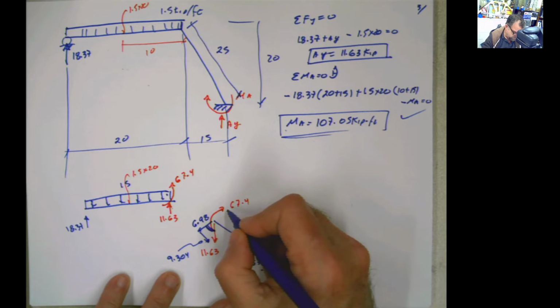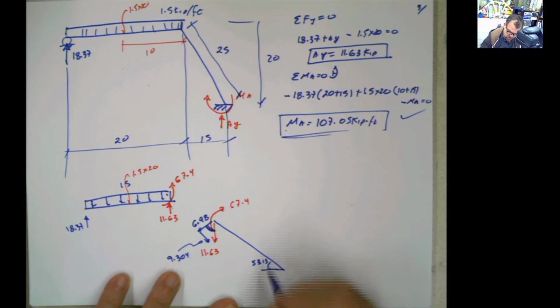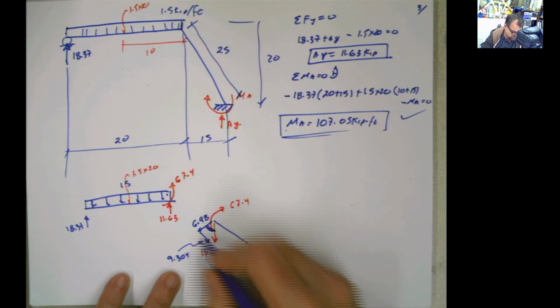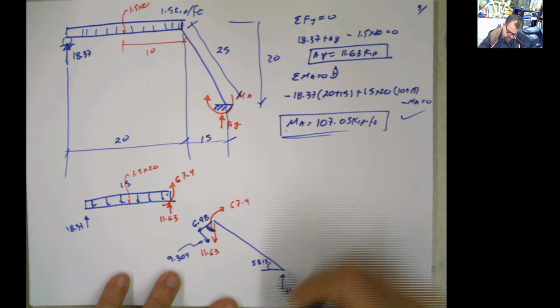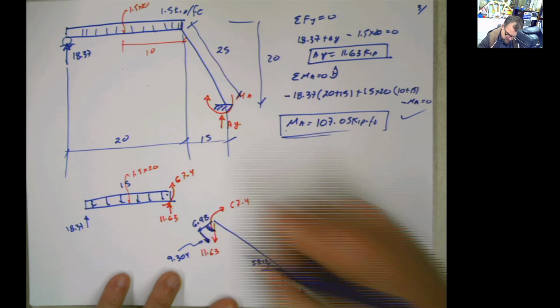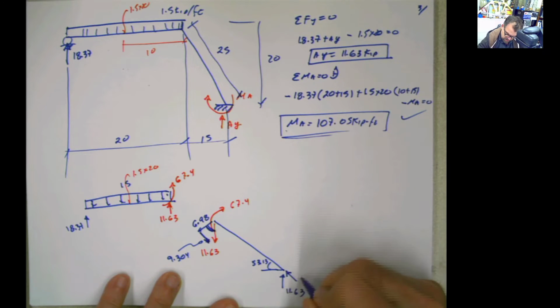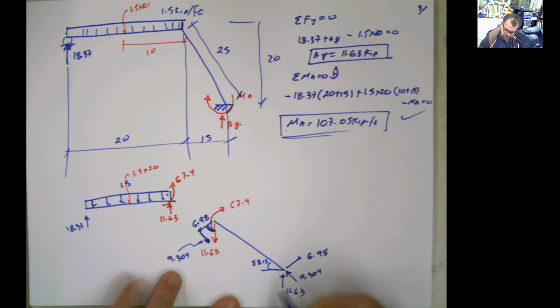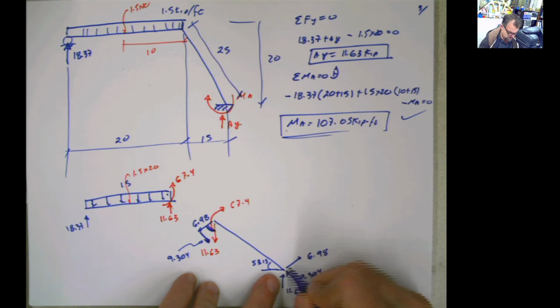I don't have anything else here. I have that moment of 67.4 over there. So if I go back and switch this, I knew this was 11.63, but now I have to compensate for these forces at this end. This force was pushing it down, so this force is going to be like that, 9.304, and this force was like this, so this force is going to be like that, 6.98. The only thing that we have to calculate is the moment at this end.